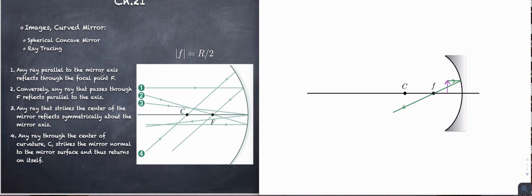And then light that goes through the focal point and hits this point here, so from here to here, I want to draw light going through that point and hits the mirror. That should reflect parallel out.